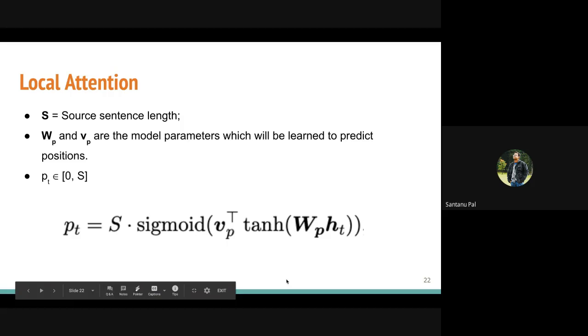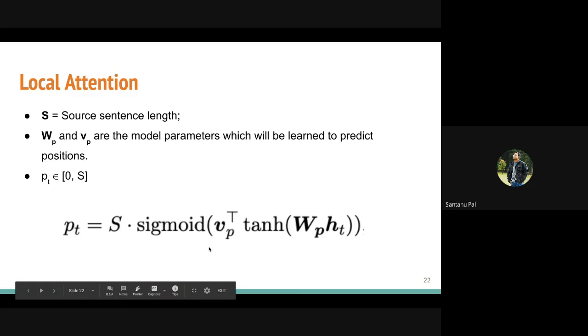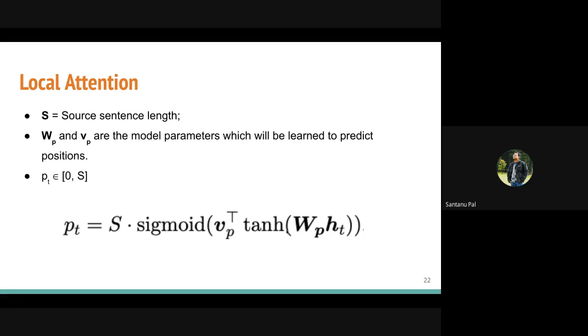You have to select PT, where PT is between 0 and S, and S is the sentence length. So within the sentence, you have to select a particular token, and based on this equation, a hyperbolic tangent weighted with the hidden state at timestamp t, it will provide the information of the predictive token, and it is also trainable.